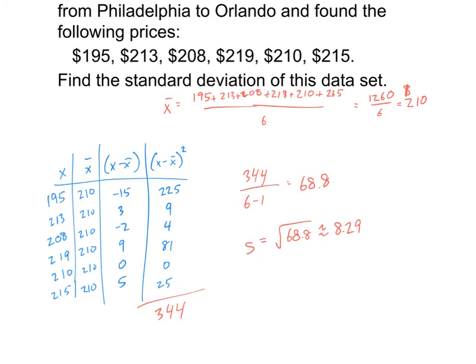If you compare that 8.29 to the standard deviation we got for the previous set of numbers, 4.36, this data set is more spread out, with a standard deviation of about 8. The other one was about 4. So that's how we compute the standard deviation of just a single set of numbers.